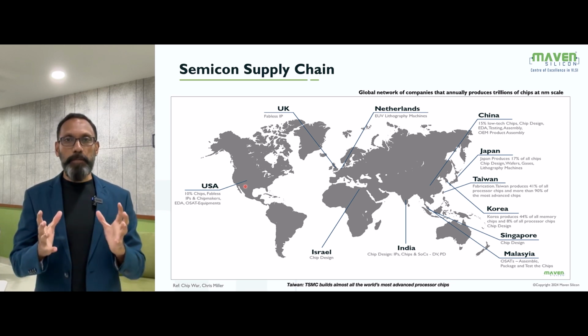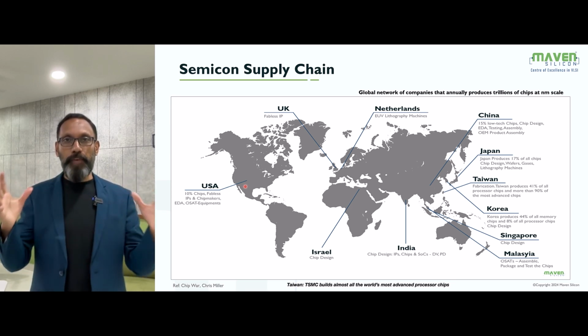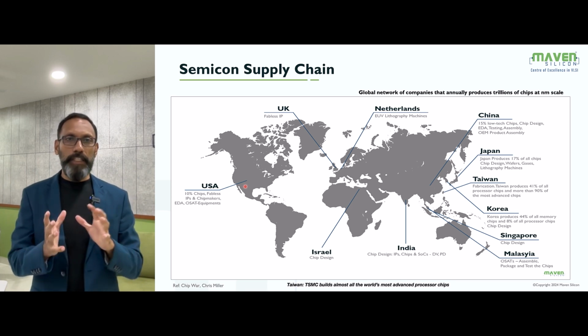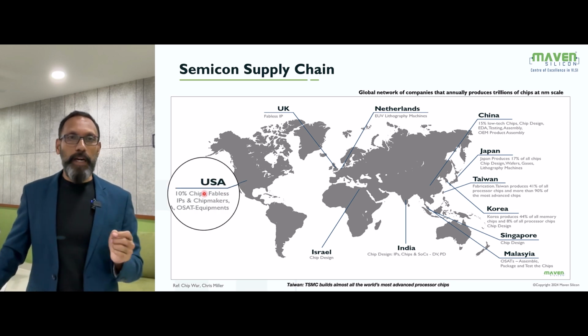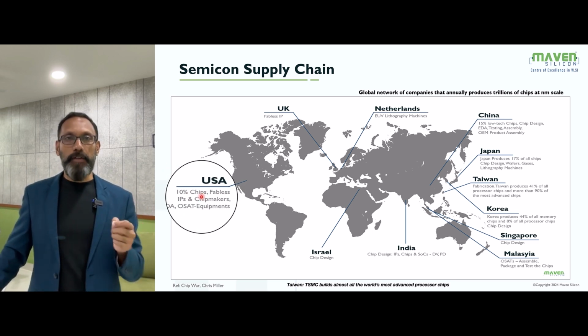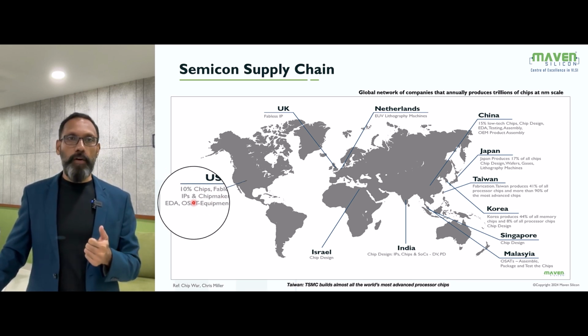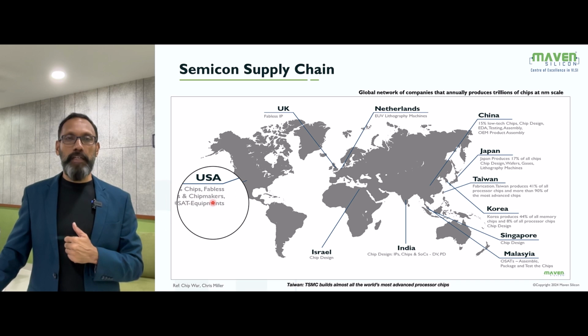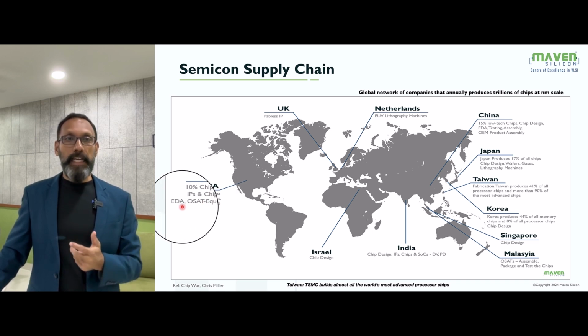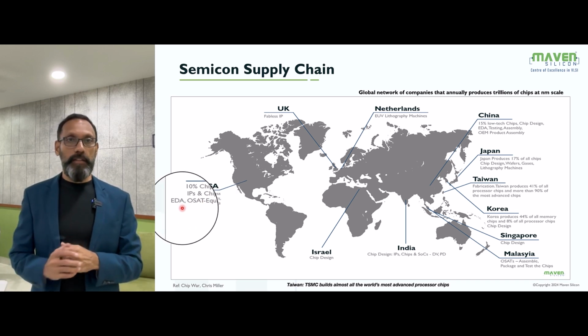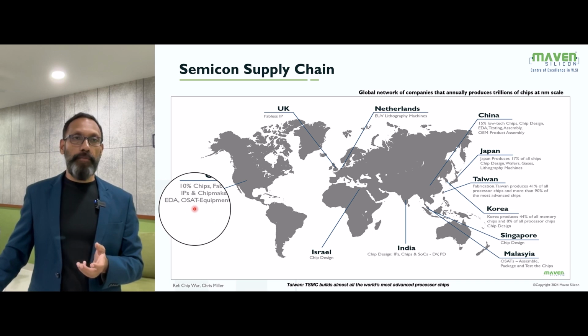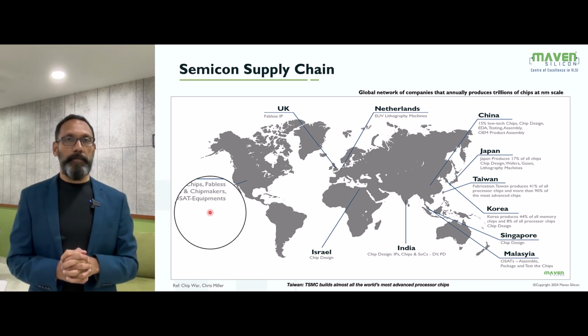All these US chip makers have operations in various countries. But with respect to fabrication, it's only 10%. Whatever is happening in the United States is very little. So the US is very popular for fabless IPs, chip makers, and then EDA, electronic design automation. Also, it's popular for OSAT equipment.